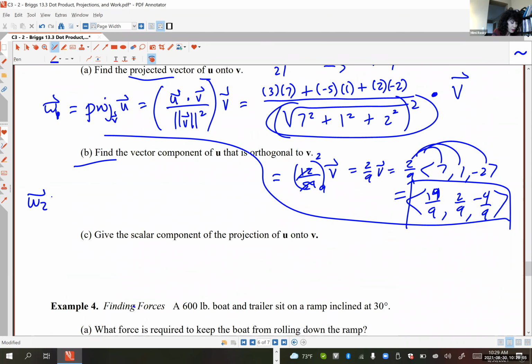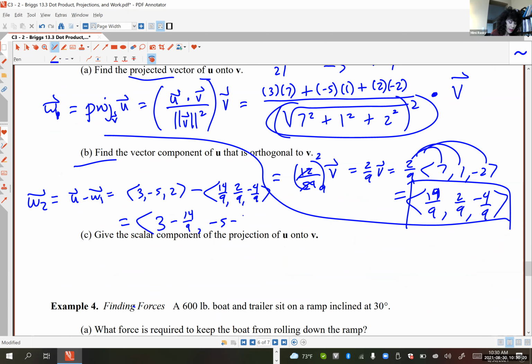So W2 is equal to, for us, u minus W1, which is going to be the vector 3, -5, 2, minus this projection vector I just got, 14/9, 2/9, -4/9. And then when you do vector subtraction here, you're going to have 3 minus 14/9, -5 minus 2/9, 2 minus a -4/9.